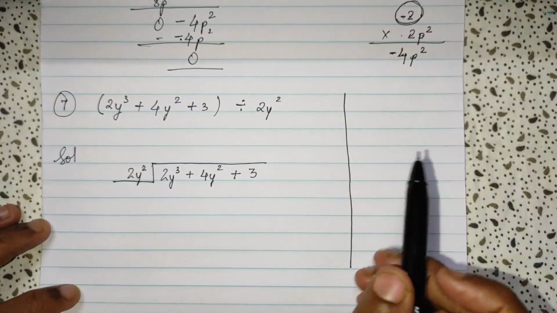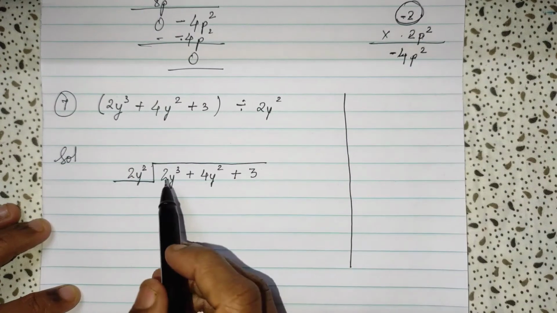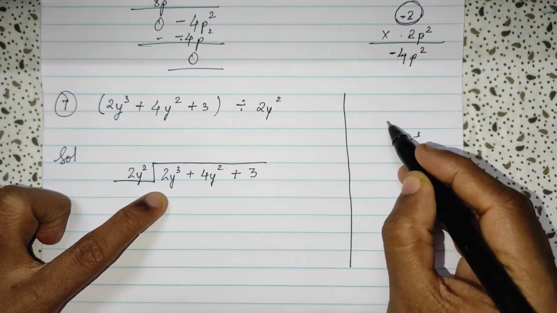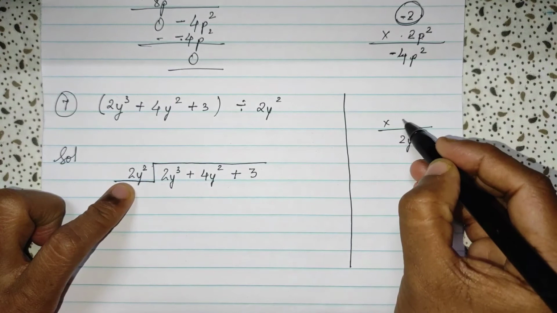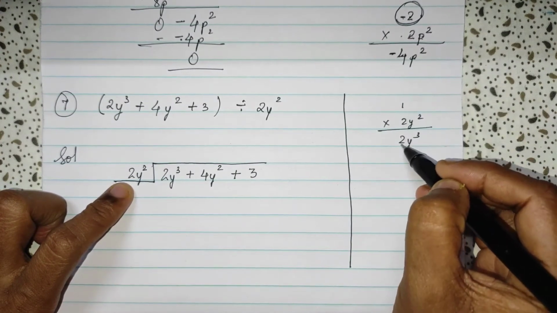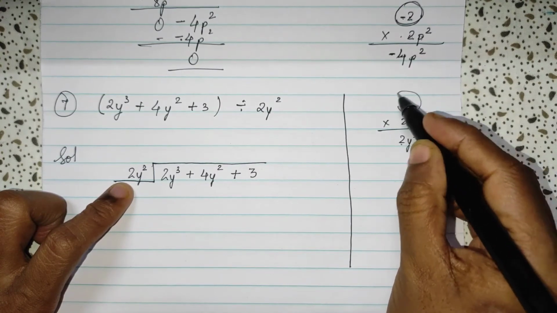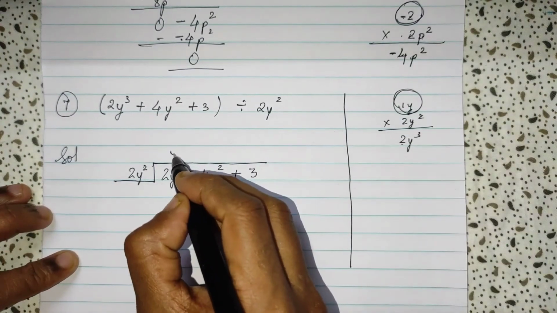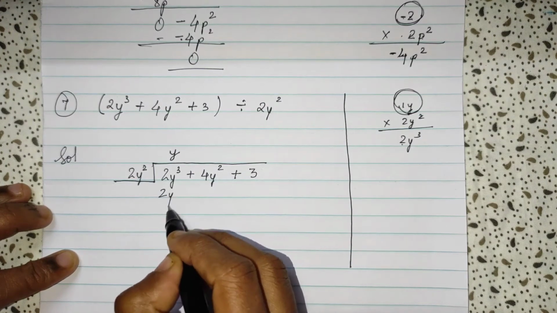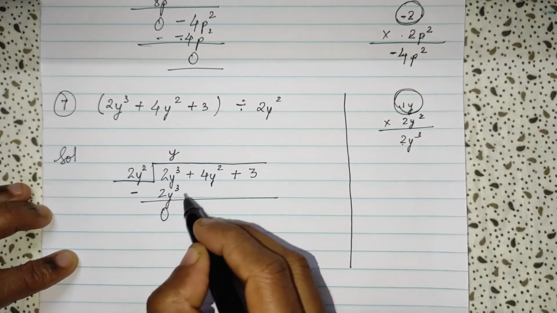Let's see our 7th sum. Now you have to divide this polynomial by this term. So your first term is 2y cube and you have divisor 2y square. So what is remaining? 2 1s are 2 and y square into y is y cube. So only y you need to take. So here 2y square multiplied by y, you get 2y cube and then minus here 0.